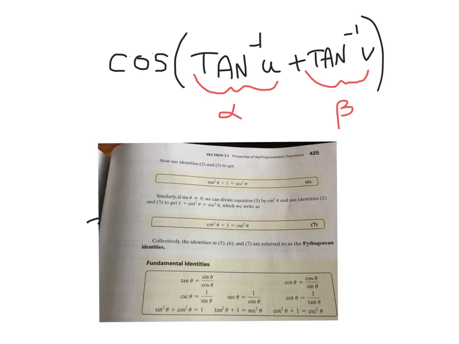Now back to the Pythagorean identities on page 425. This basic one, sine squared plus cosine squared equals 1. That's just the Pythagorean theorem because the hypotenuse has length 1. And then when we divide by sine squared or cosine squared, we get these two sister identities right here. We're going to use this middle one for tan squared.